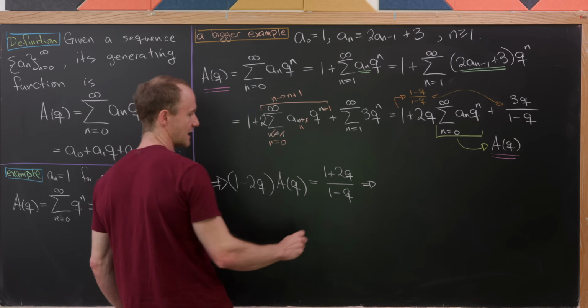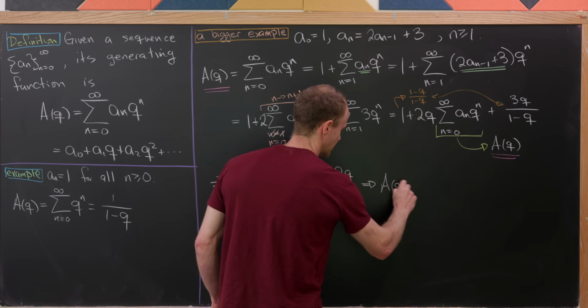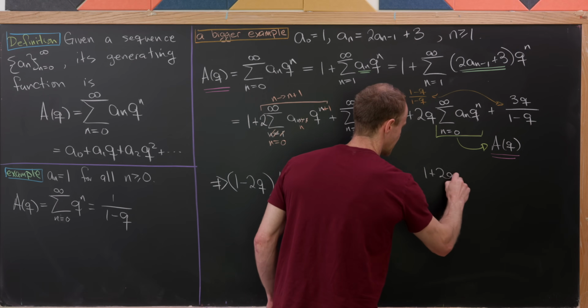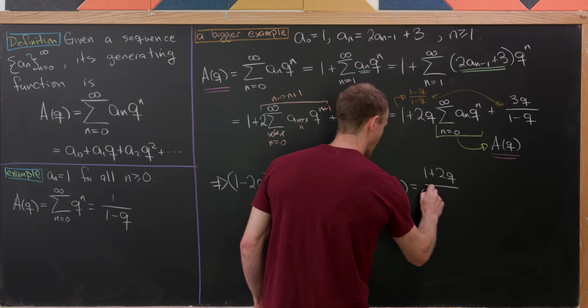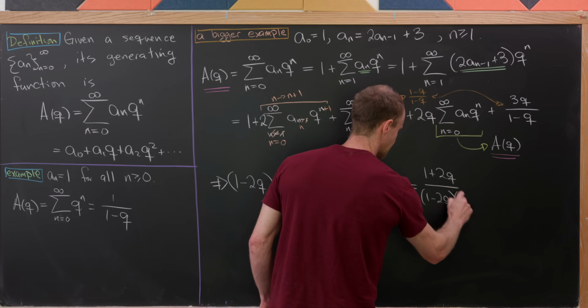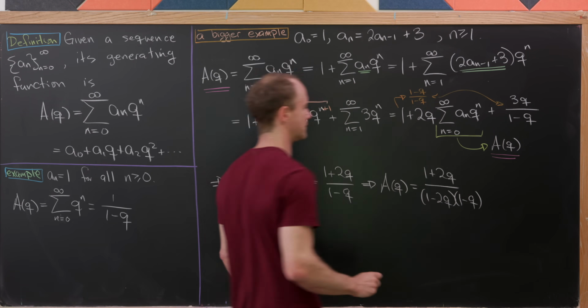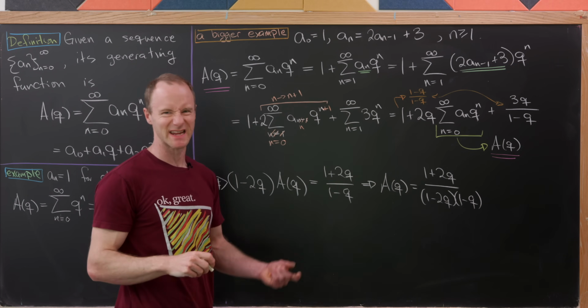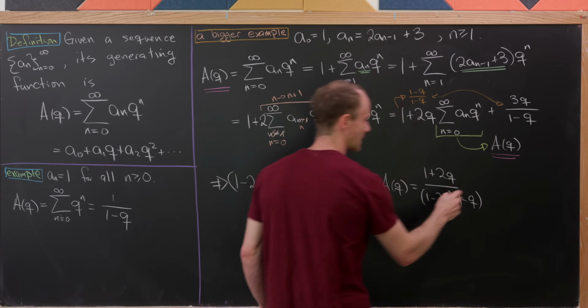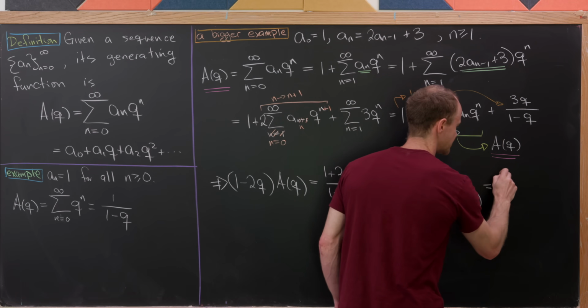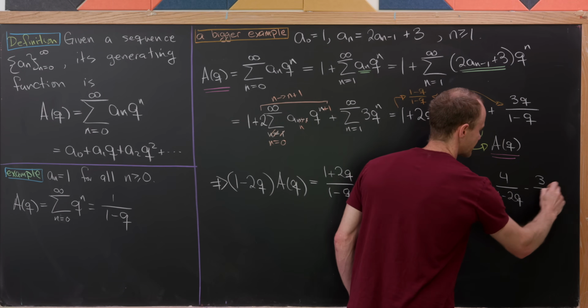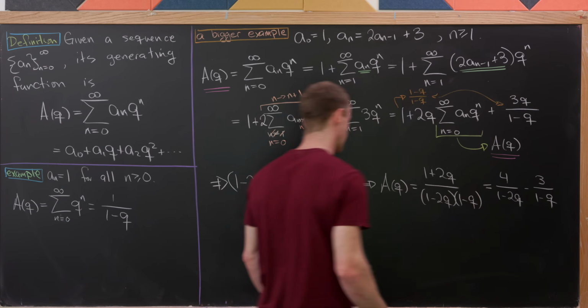But now let's see, that means that our a of q is equal to 1 plus 2 times q over 1 minus 2 times q times 1 minus q. Okay, nice. But now what we can do from here is use the standard trick of partial fraction decomposition and split this into 4 over 1 minus 2 times q minus 3 over 1 minus q.